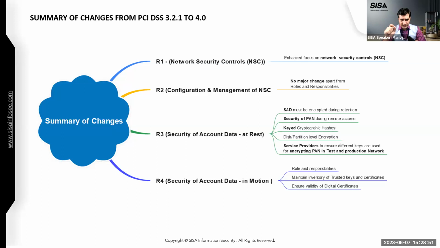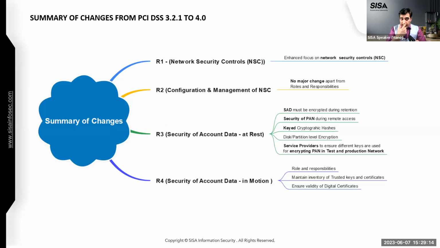Now, the first change is on the sensitive authentication data. Earlier also this control was there, but in this particular version of the framework, the sensitive authentication data, even if you are storing it for a very short period of time, let's say for 5 to 6 seconds, you need to make sure that it is encrypted.